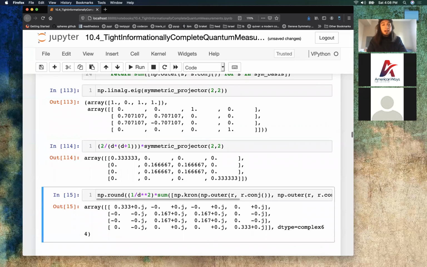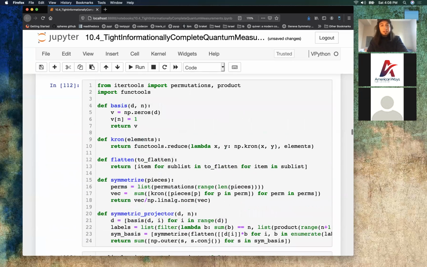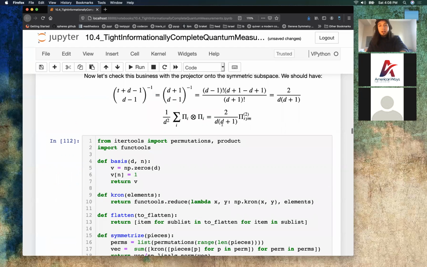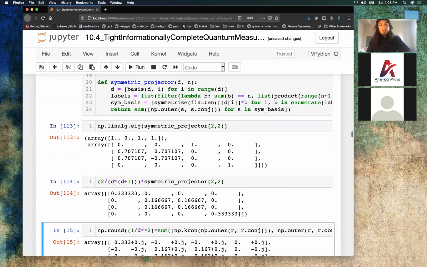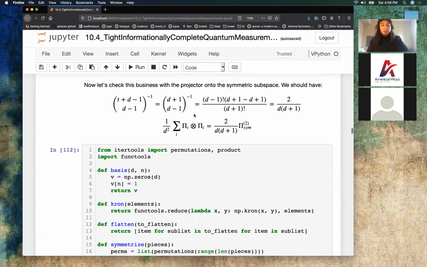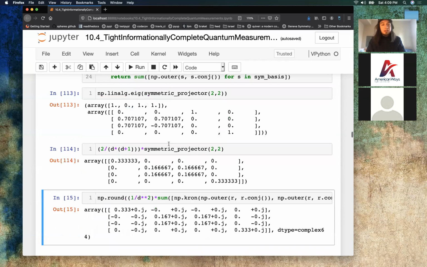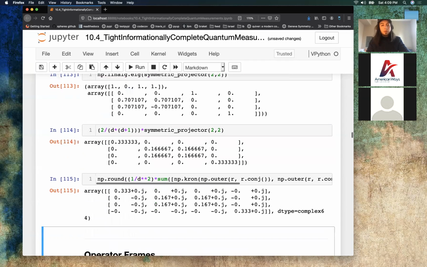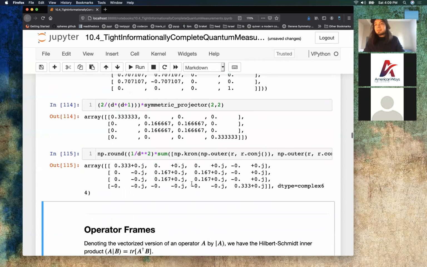This will give us this part of the formula, 2 over d times d plus 1 times the symmetric projector. It looks like this. And then if we take this SIC that we found and we form this tensor product of the projectors tensored with themselves, times 1 over d squared, we get exactly that same thing.